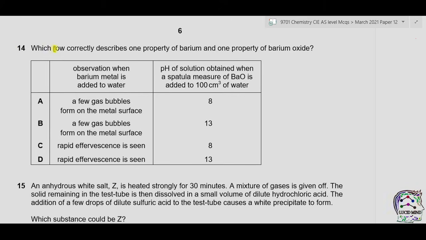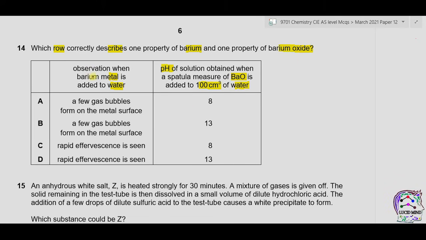Question 14. Which row correctly describes one property of barium and one property of barium oxide? First is the observation when barium metal is added to water. Second is the pH of solution obtained when a spatula measure of barium oxide is added to 100 cm³ of water.